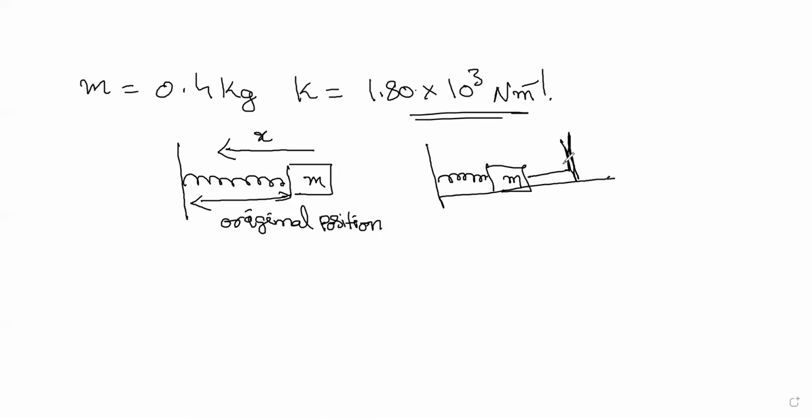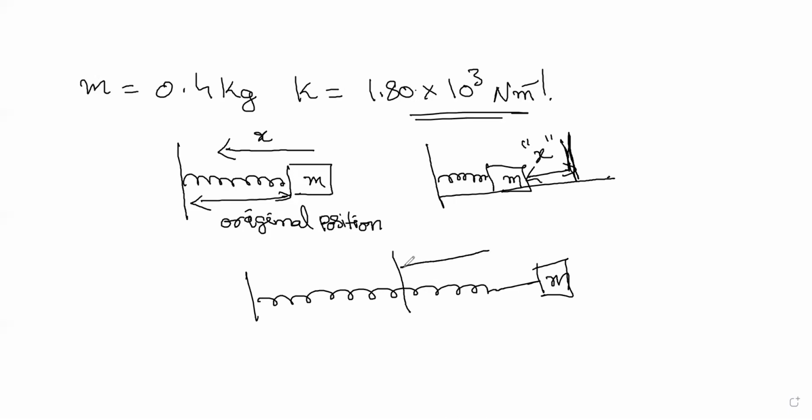Original spring, when it is in the relaxed condition, it is supposed to be here. Instead, it is compressed or stretched to the length of x from the mean position.